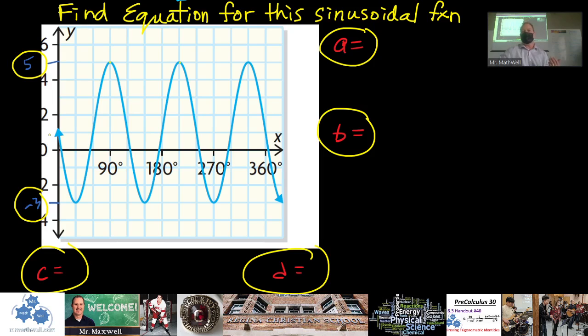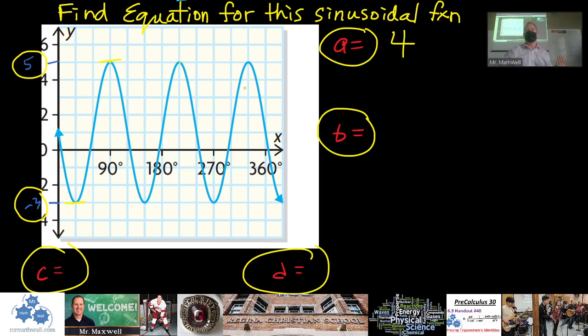So from our work last time, we can figure out pretty easily that the range is from -3 to 5. That's actually 8 units, from the maximum to the minimum. So the amplitude is going to be half of that range value. What's the amplitude going to be? It's going to be 4. So A is going to be 4. You guys okay with that?